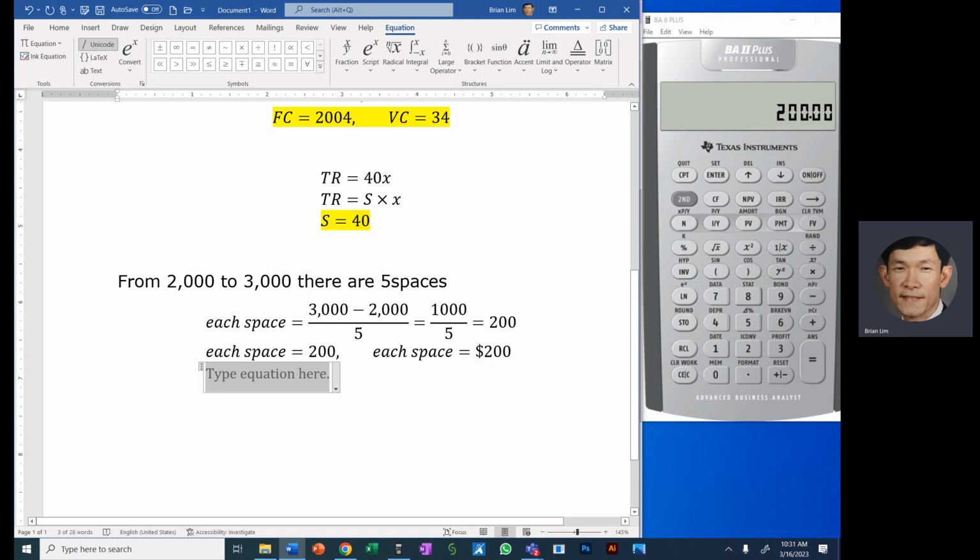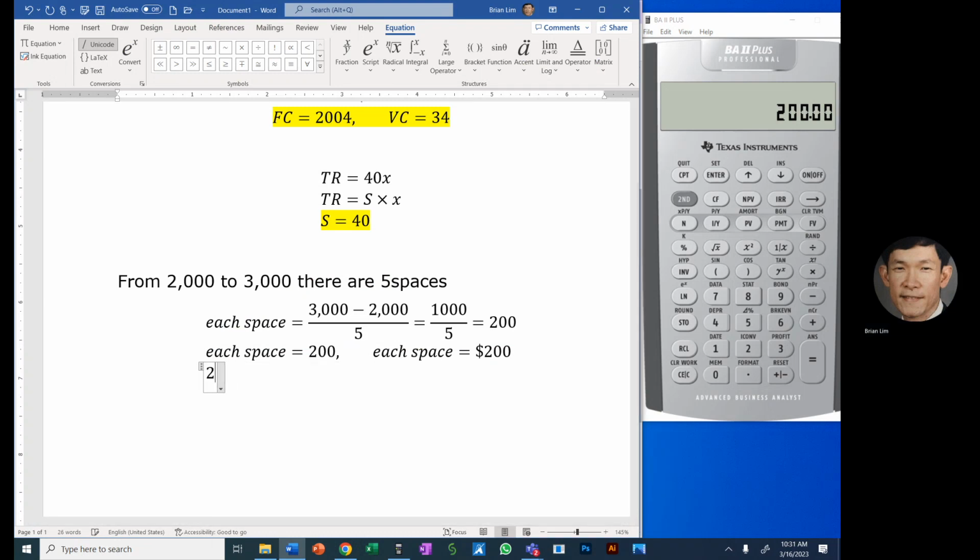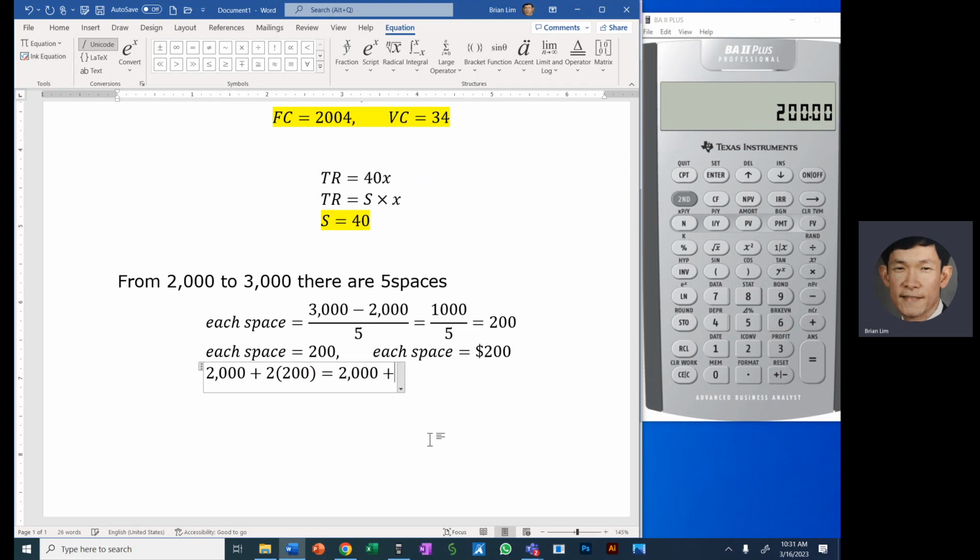2000, so it would be 2000 plus 2 times 200, which would be equal to 2000 plus, okay, let's do it this way, 2000 plus 400. So that would be equal to 2400.